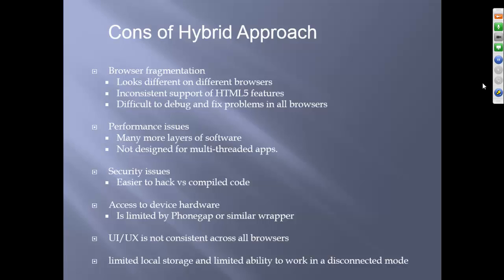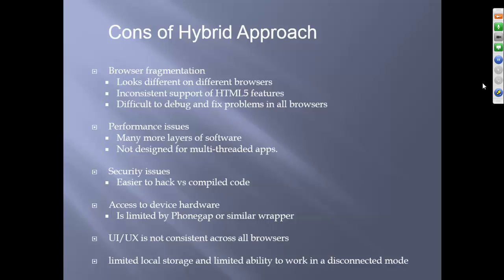Another problem that you may run into is a performance problem, right? When you're building a hybrid app, just think about how many layers of software go into this app. You have your HTML, JavaScript code, which then needs to run in the browser, because that's the hosting environment.